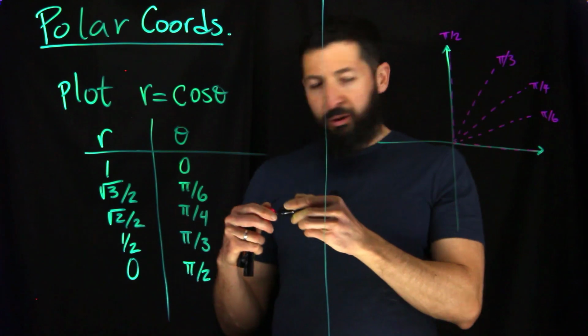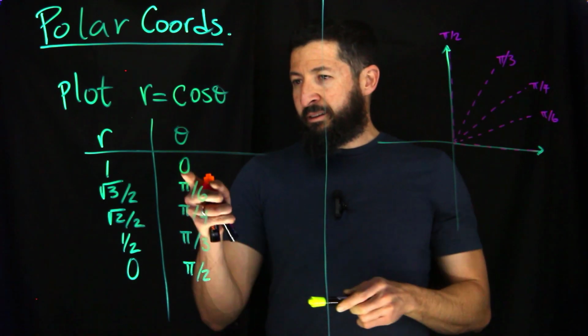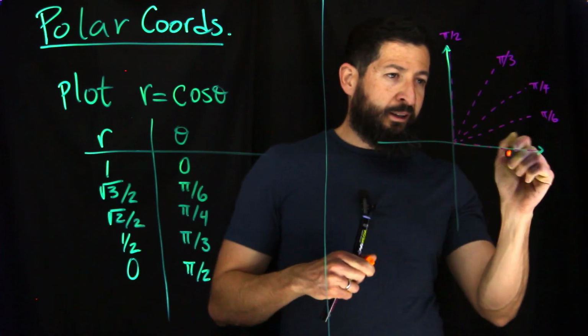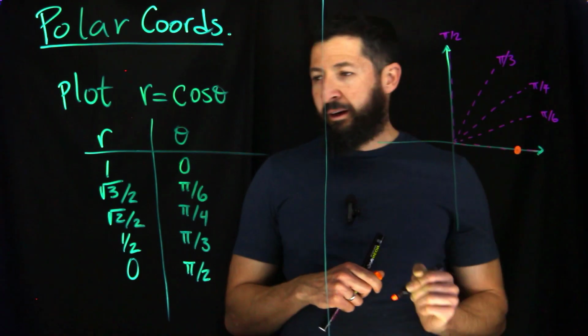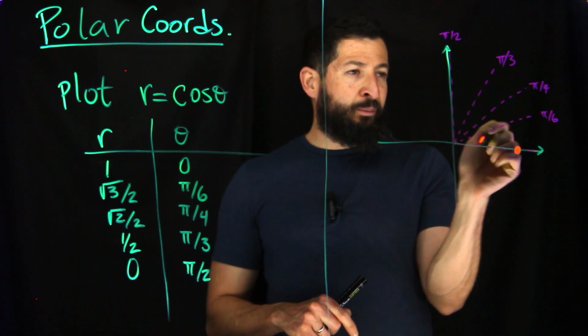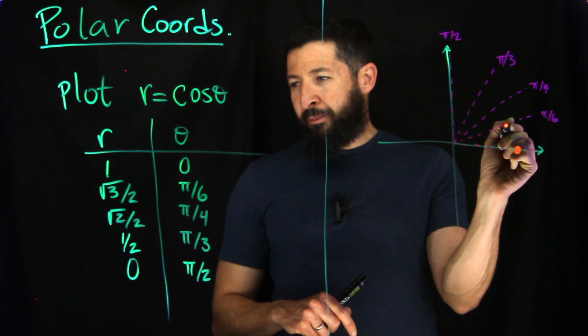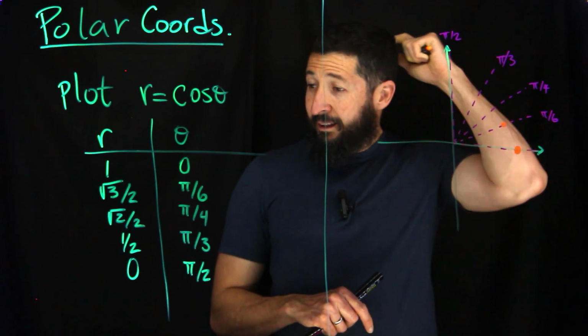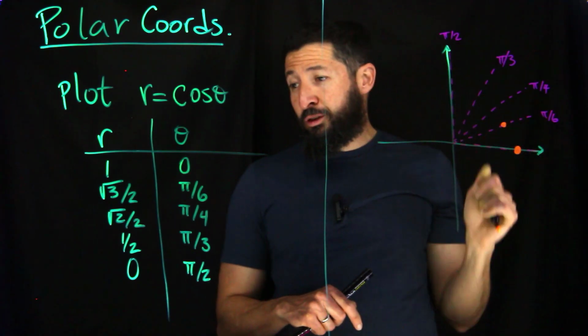And now we're going to measure. When the angle is 0, radius is 1. So I'm going to be out here. Let's say this is 1. There. When the angle is pi over 6, I'm going to be at square root of 3 over 2, so a little bit smaller than 1, but not too much smaller.